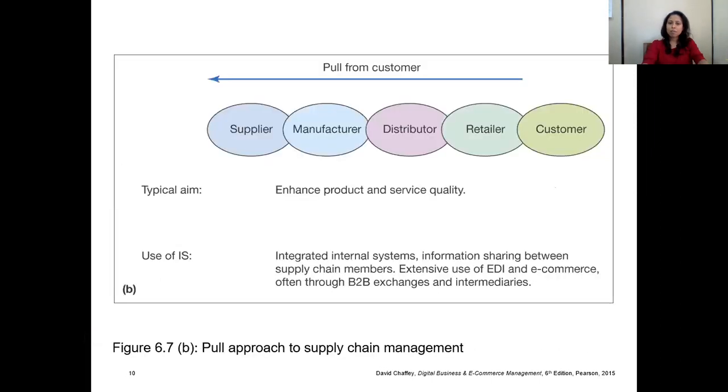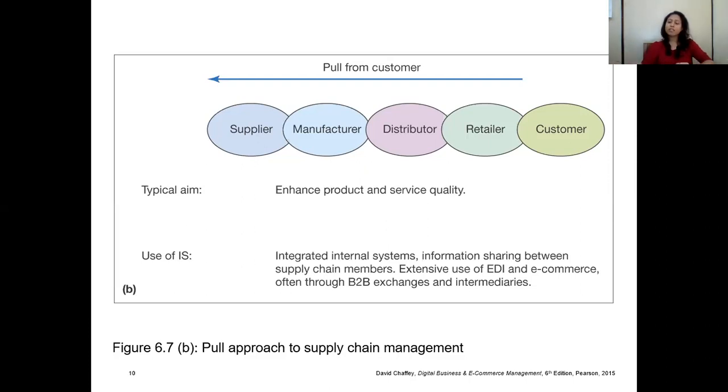So then as time passed, we explained to you that from a push-based model, organizations move towards a pull-based model. So here we try to enhance the quality of the product or the quality of the service that we deliver to the customer, right? We get the feedback from the customer, we study the demand patterns of the customer, we give prominence to customer needs, and based on what their demands are, we produce what is demanded from the market, right?